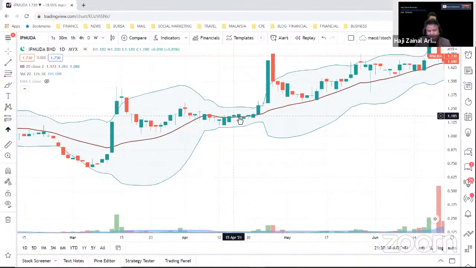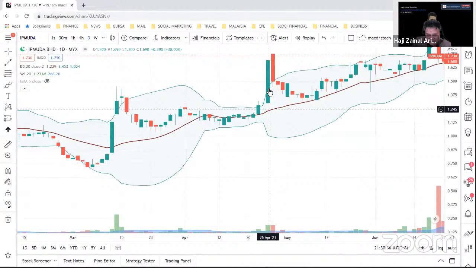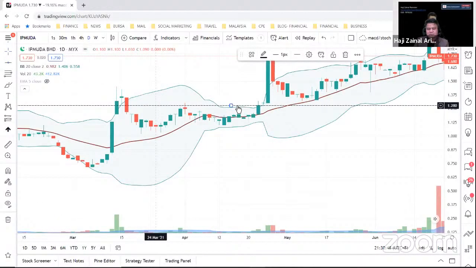You can see it sideways, and there is a contraction here, and there is an extension or expansion here. If you use some other technique too, this is a breakout. There's a breakout here, the breakout from the previous high.